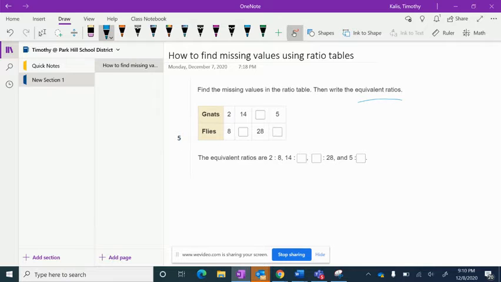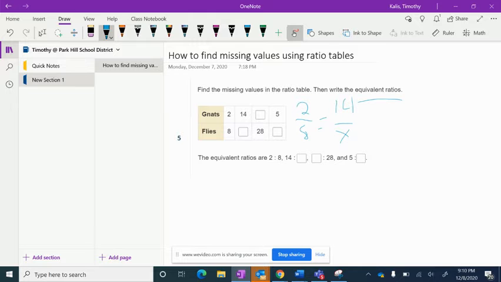They are essentially fractions. So this first part, we know that there's 2 gnats for every 8 flies. And if we have 14 gnats, how many flies do we have? So we can make 2 equivalent fractions. So we have 2 over 8 equals 14 over x.